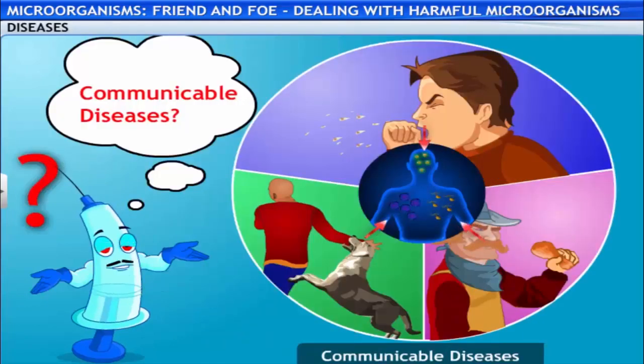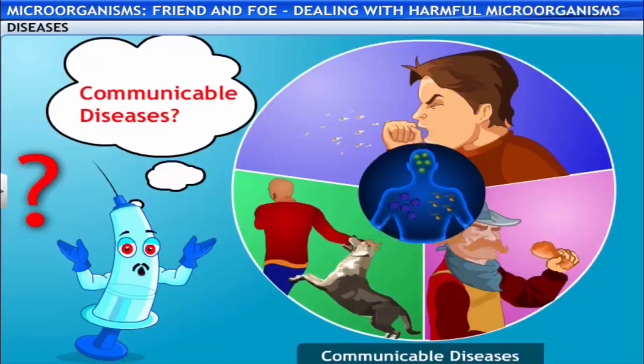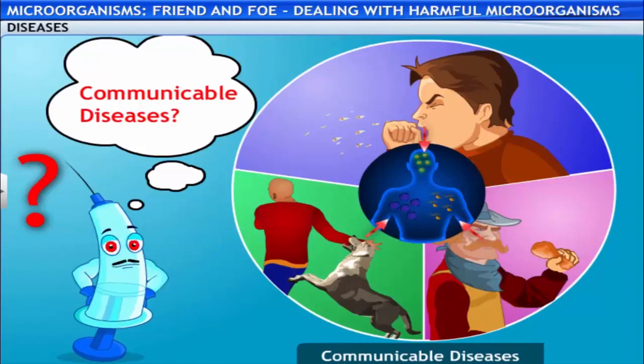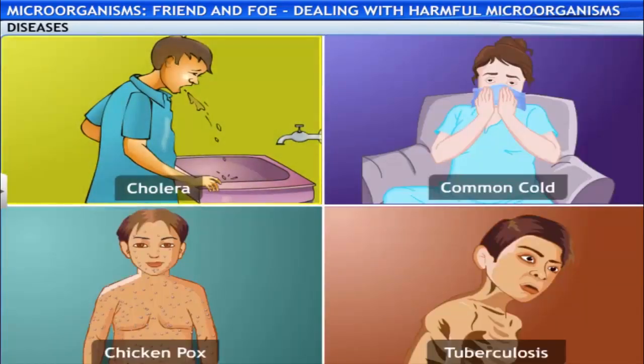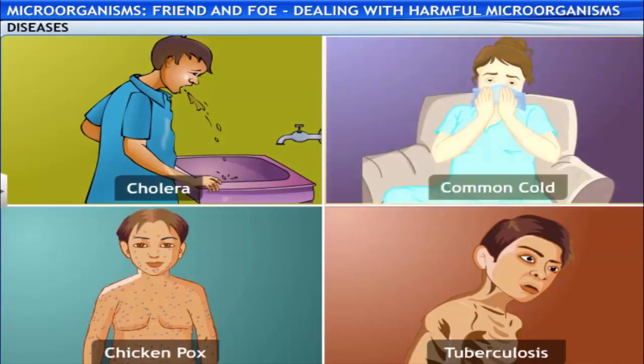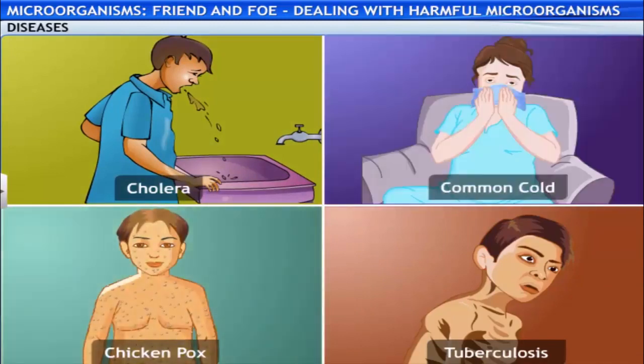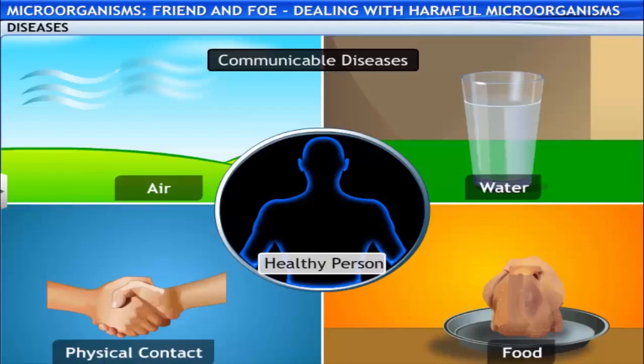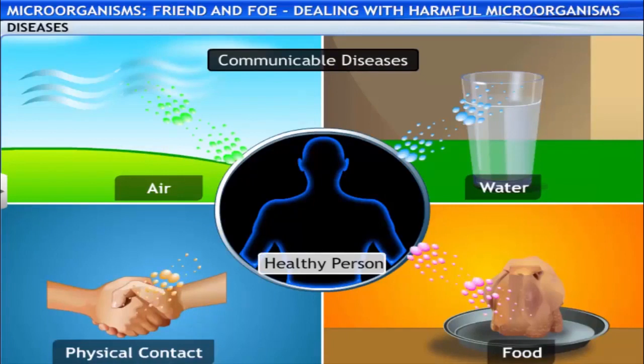Okay. So, what are these communicable diseases? Diseases like cholera, common cold, chickenpox, tuberculosis, which spread from an infected person to a healthy person through air, water, food, or physical contact, are called communicable diseases.